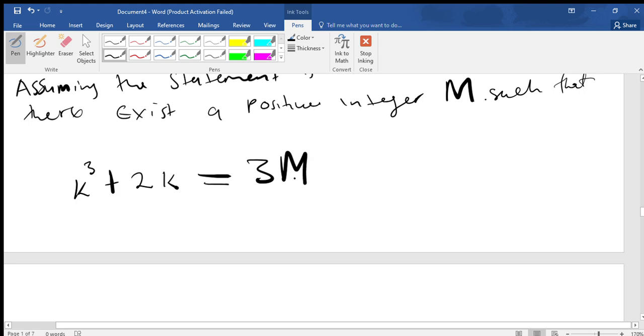Since we're talking about divisible by 3, it is 3 times m, the positive integer. And this is going to be our equation 1.